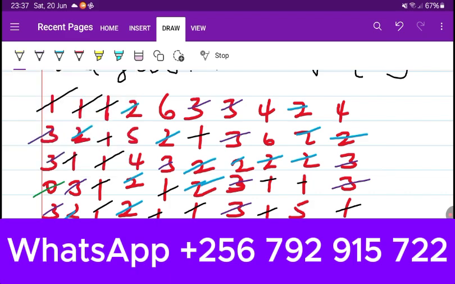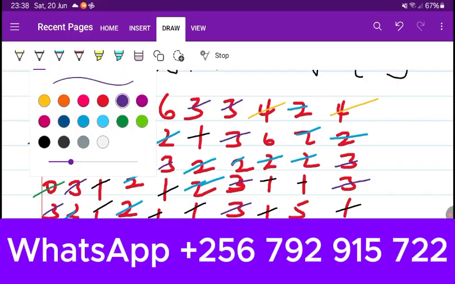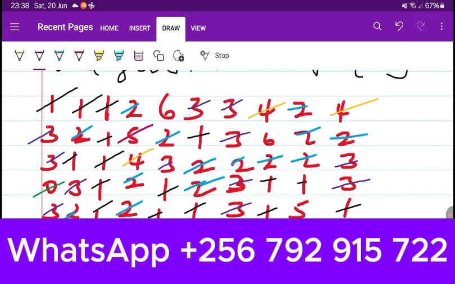For the 4, you check this column, this column, this column. This one is 1, this one is 2, this one is 3. There are 3 fours that we have. Then we go to the 5. This one is a 1.